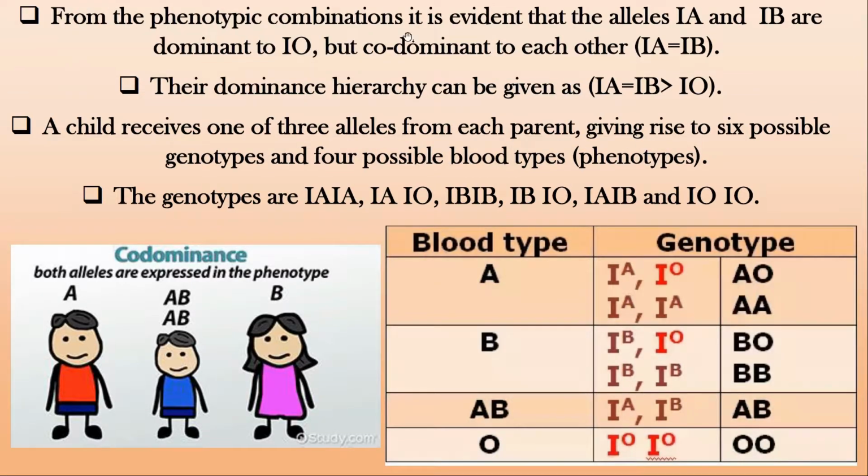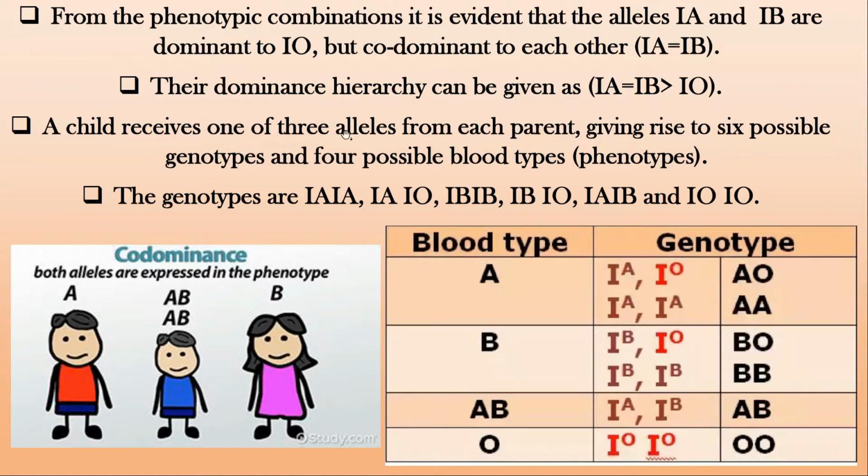So from the phenotypic combination, it is evident that the alleles IA and IB are dominant to IO, but both of them are co-dominant to each other. So their dominance hierarchy can be given as IA equal to IB, which is greater than IO.